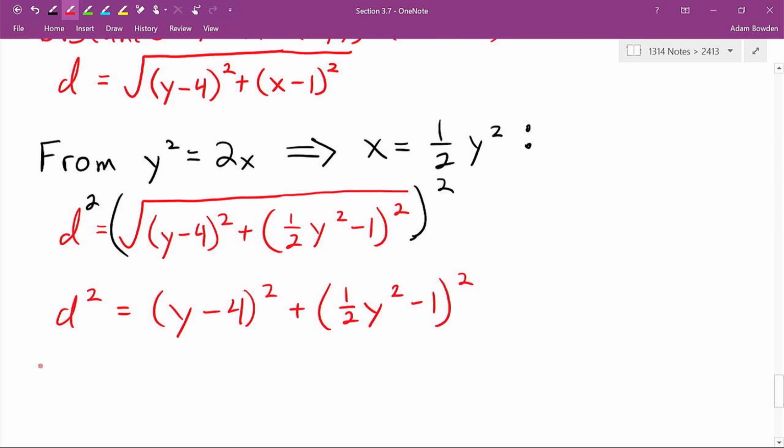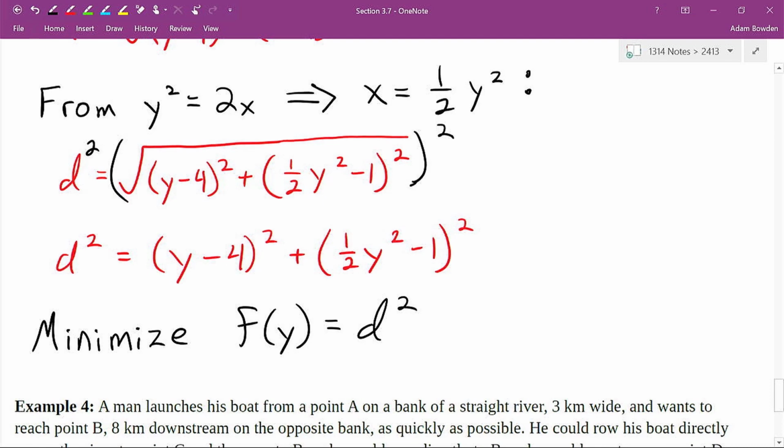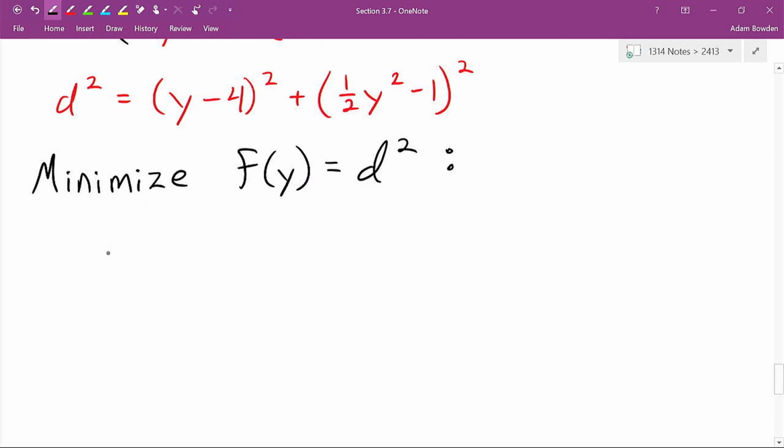So in order to minimize here, I'm going to minimize the distance squared. So let's call that a function called f of y equal to d squared. And if we minimize the squared distance, we're minimizing the non-squared distance as well at the same time. So first off, we're going to need to find the first derivative, f prime of y.